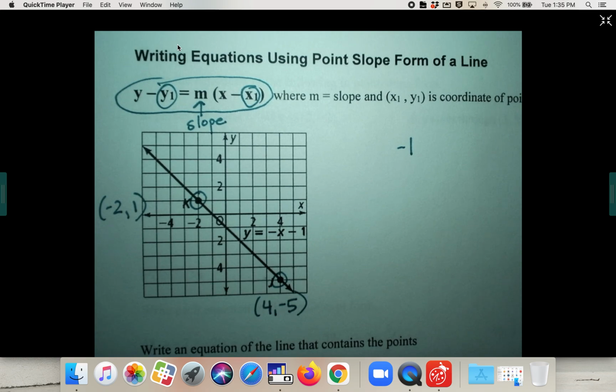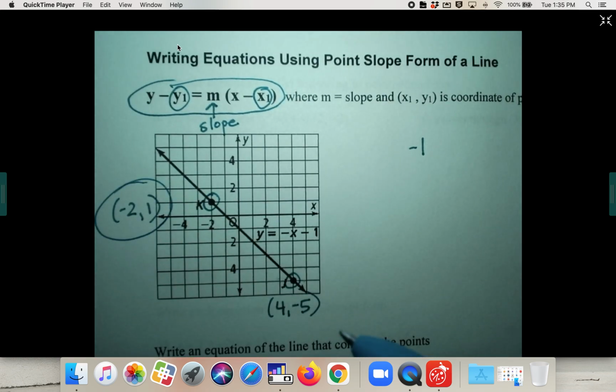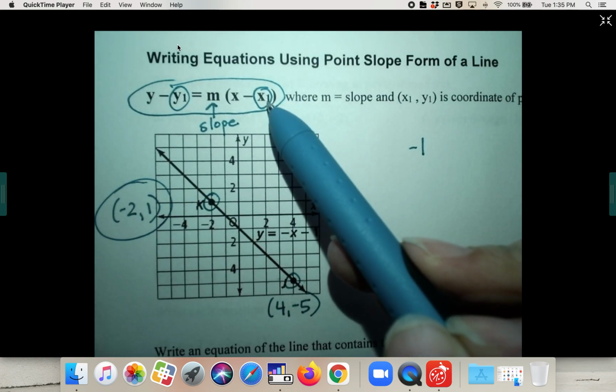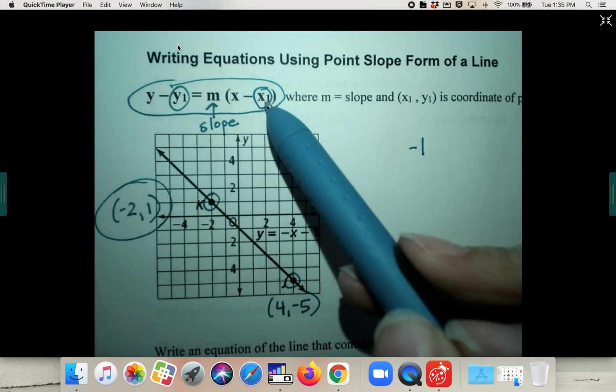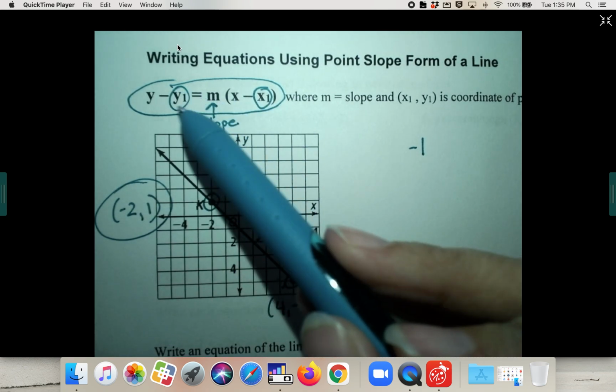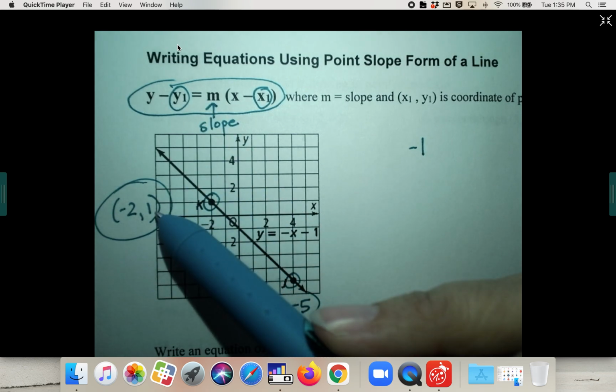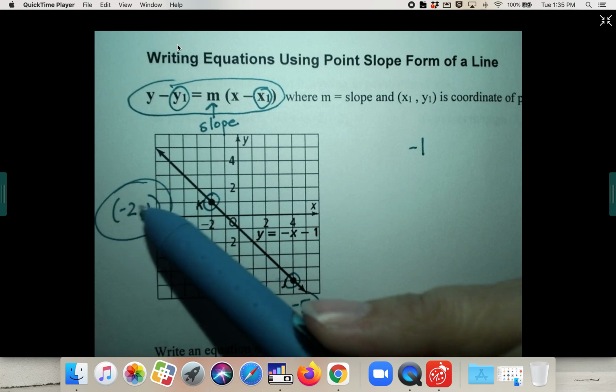I'll just pick this first one. So (-2, 1). This would be my -2 because it's my x coordinate, and then this one would be my 1 because it's my y coordinate.